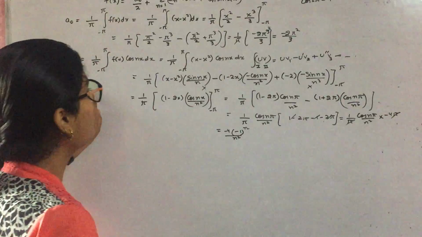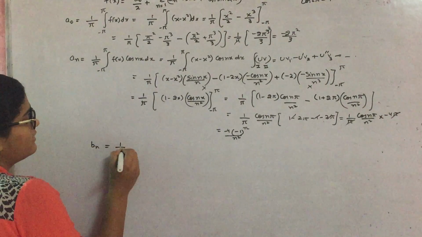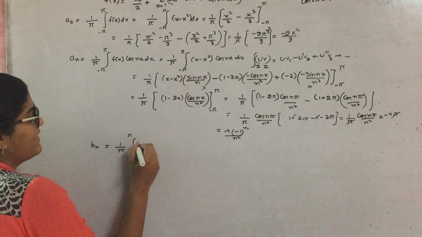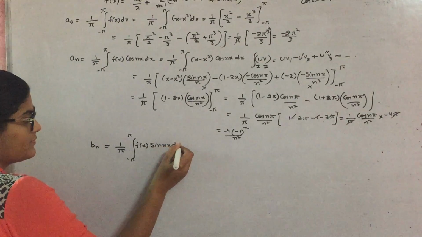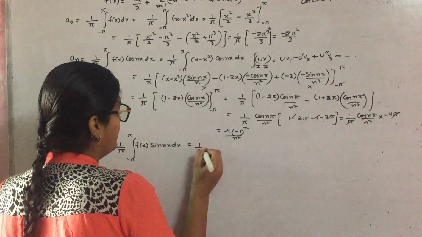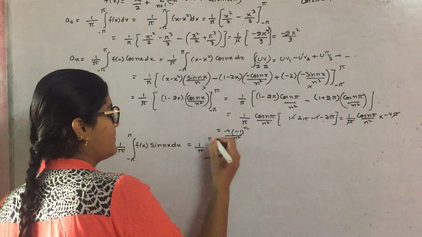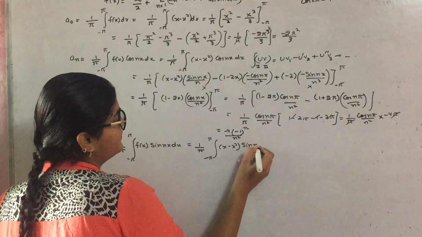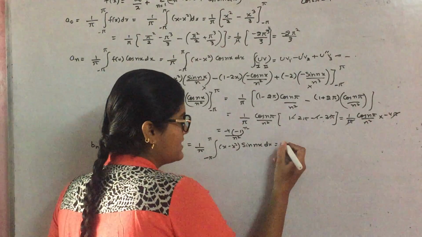Now it turns to find out the value of bn. For bn, what you have to do? The formula is 1 by pi integral from minus pi to pi of fx sine nx. Now substitute the value of fx, which is x minus x square. Again you have to do all the same steps.